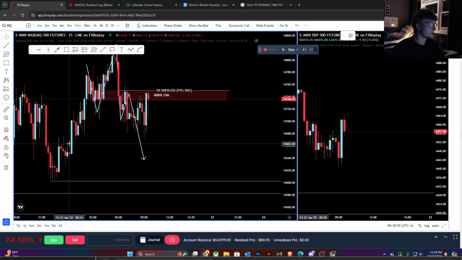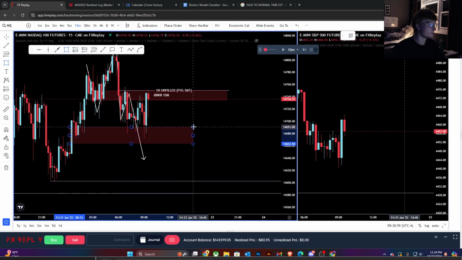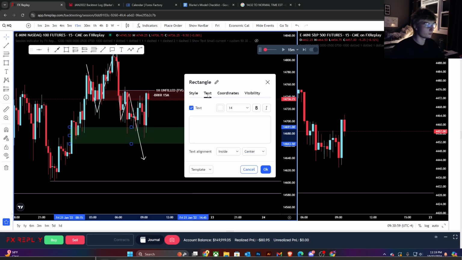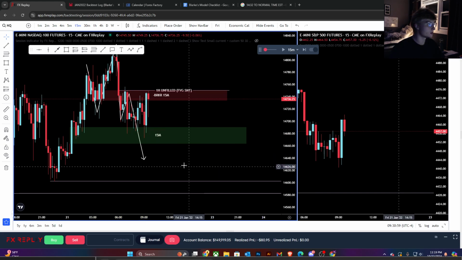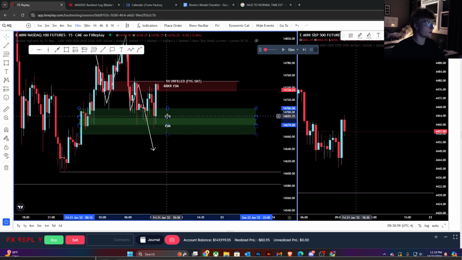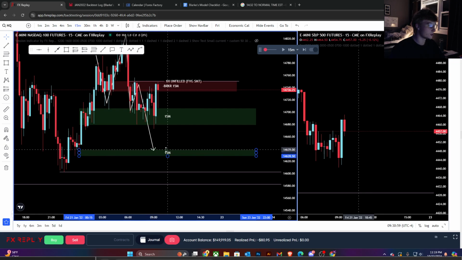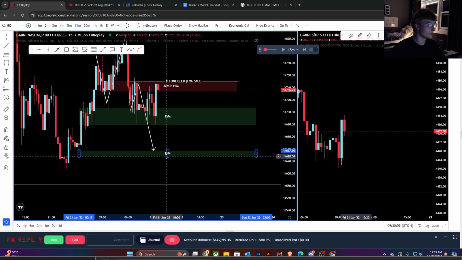Do have this 15-minute gap right there being held, supporting price as well, as well as a low 15-minute fair value gap here.